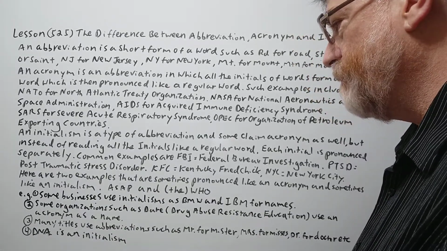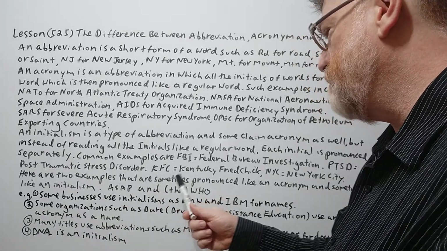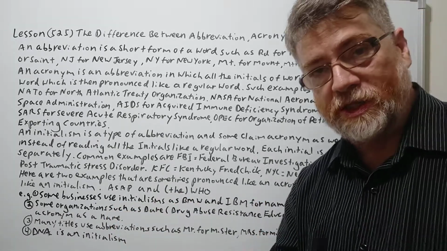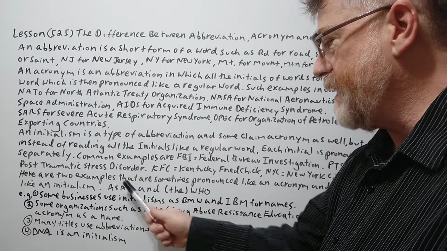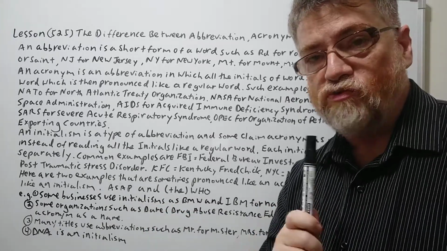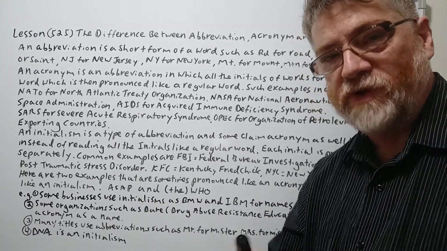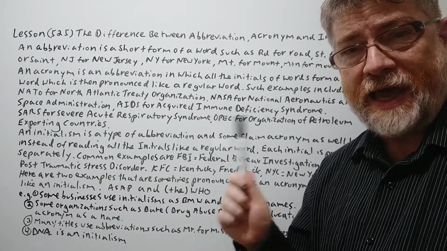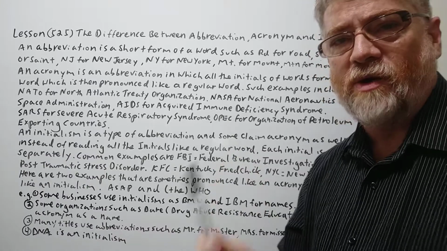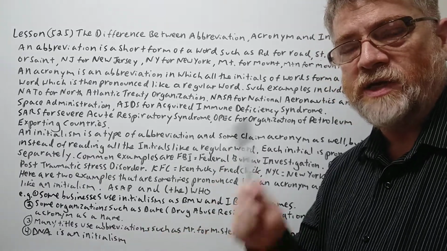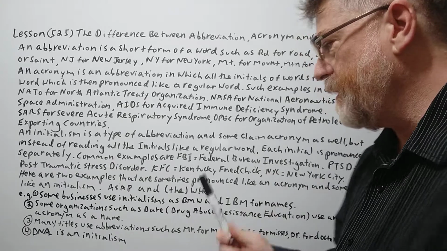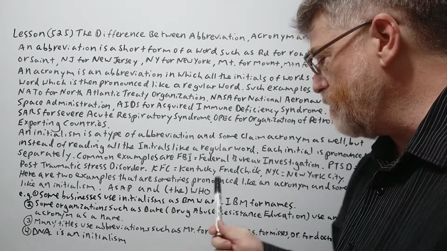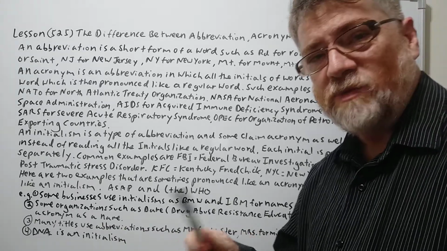All right, let's continue. Here are two examples that are sometimes pronounced like an acronym and sometimes pronounced like an initialism. Here's the first one, ASAP. Now, ASAP, I think originally was an initialism, but over time, I've heard some people in offices start pronouncing it like a word: we need that ASAP, or of course, you could still say A-S-A-P. Okay. And WHO. I think, again, it was originally an initialism, but this is one that's pronounceable.